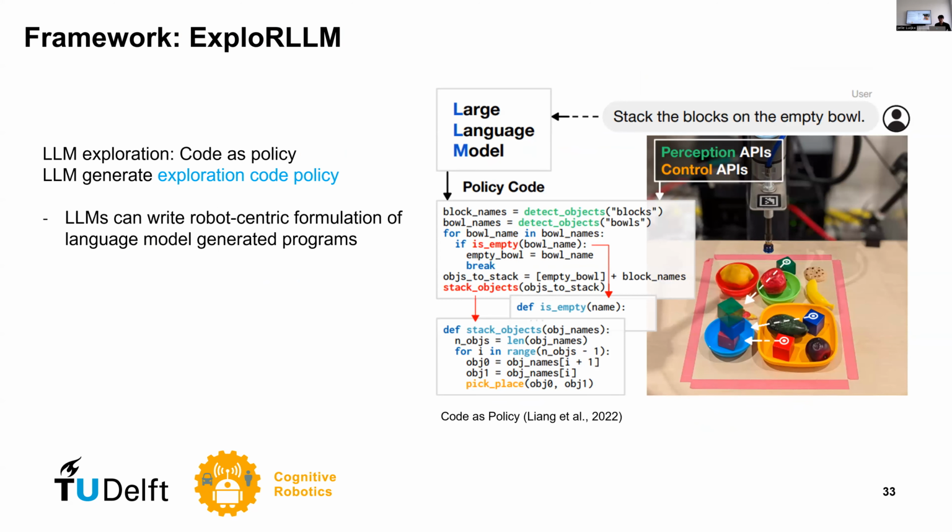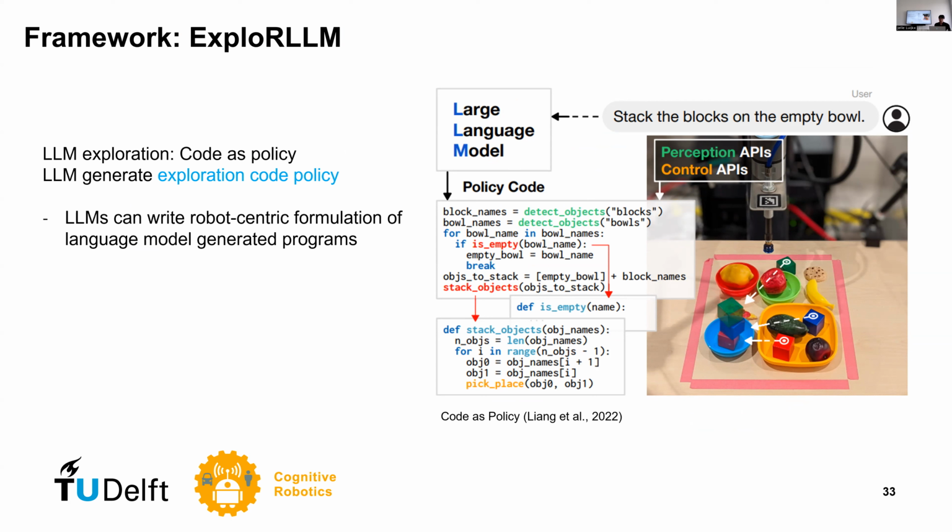And we use Code as Policies as our large language model exploration. Code as Policies is a work from 2022, and they use a large language model to generate Python code and execute that Python code to do zero-shot actions.